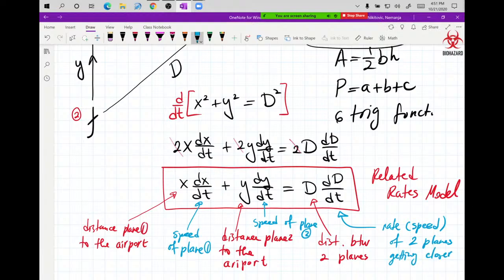And that's the scary one, right? That's the one we keep track of. We keep track of the distance between the planes. That's given in miles. And we keep track of how quickly those two planes are getting closer.